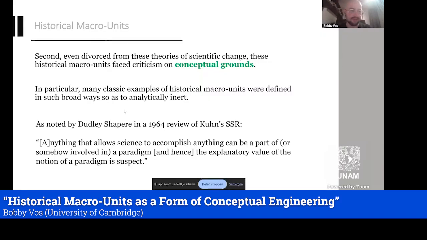So speaking of Kuhn's notion of paradigm, in a 1964 review of Structure of Scientific Revolutions, Dudley Shapere notes that anything that allows science to accomplish anything can be a part of or be somehow involved in a paradigm. And he then concludes that the explanatory value of the notion of paradigm is suspect.